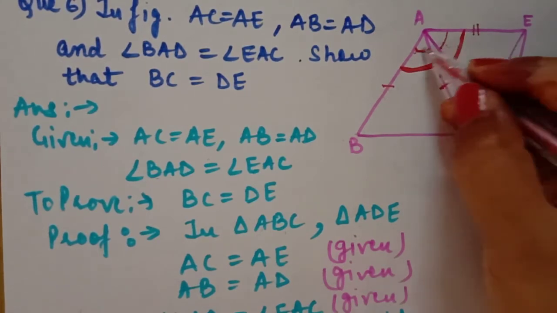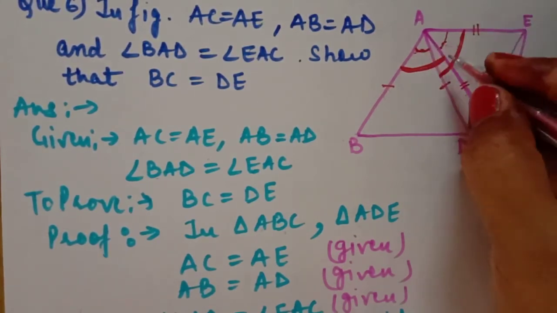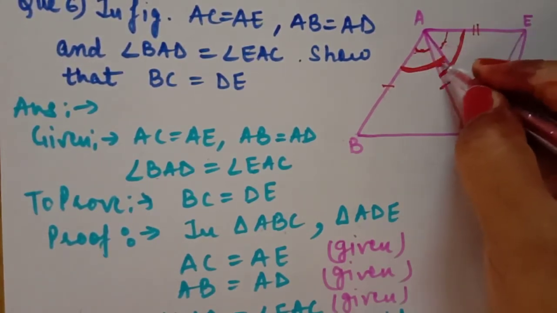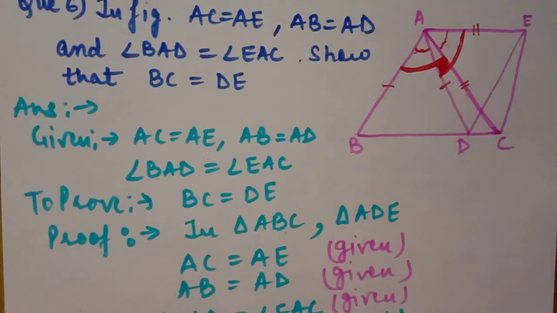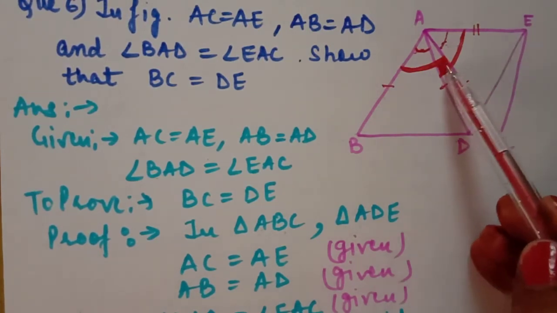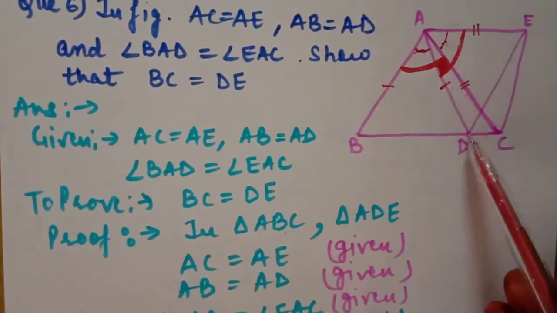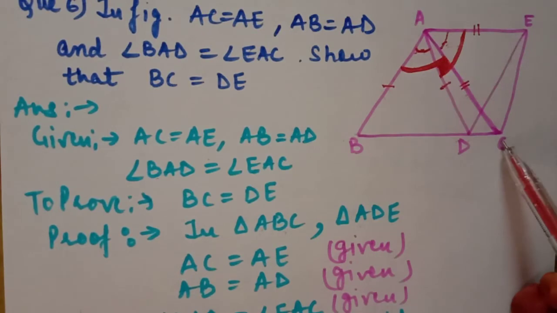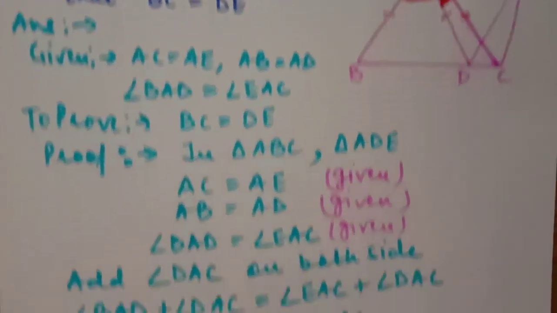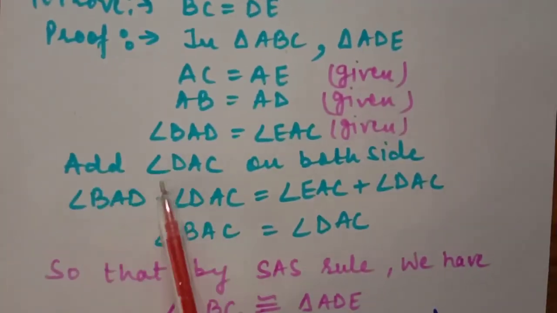These two parts are equal to each other. Then what is the correction? This part is missing on both sides of the angle. So we have to add angle DAC on both angles.